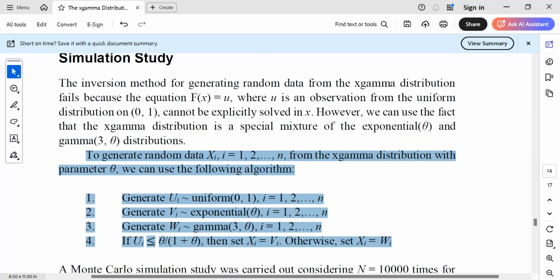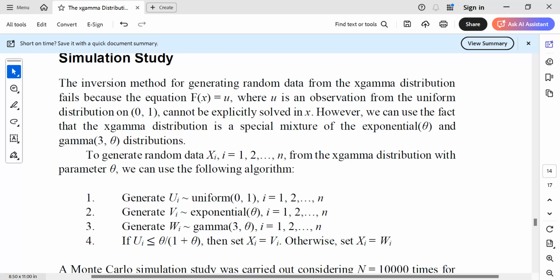First, generate U_i from a uniform distribution. I think everybody will be able to do that. Next, we generate V_i from an exponential with parameter theta. Then we also generate W from a gamma distribution with parameters 3 and theta.